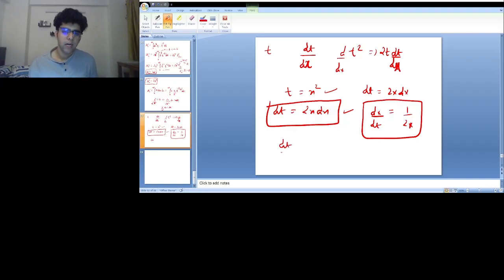Or if I need to find dt by dx, this will become 2x. But when I write it in this form, I am finding the total derivative.